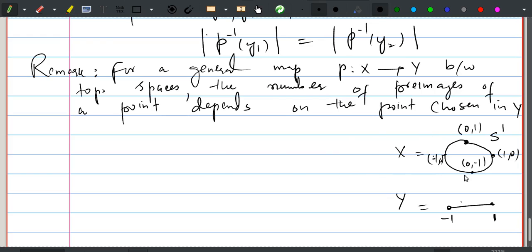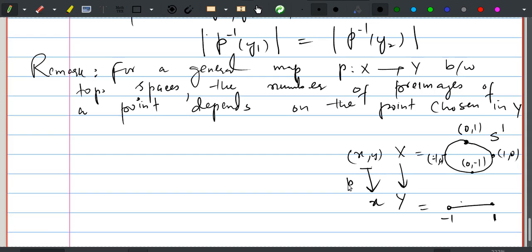So this P takes (x, y) to x, the projection map here. We saw in the previous example that this P is not a covering map. One can also observe here that these two spaces are path connected.